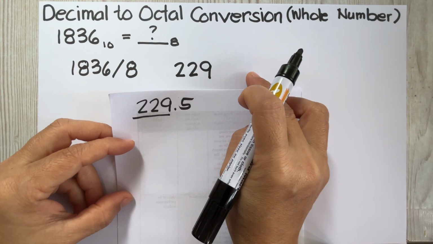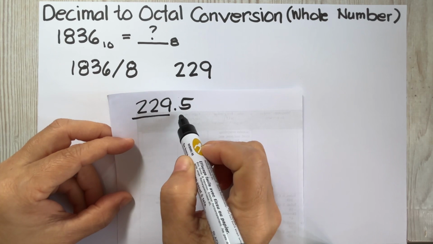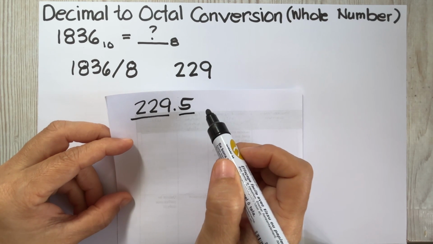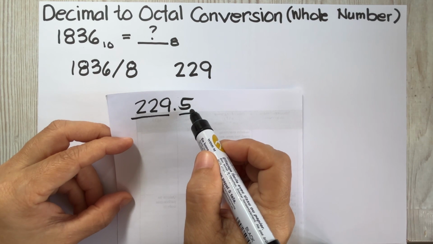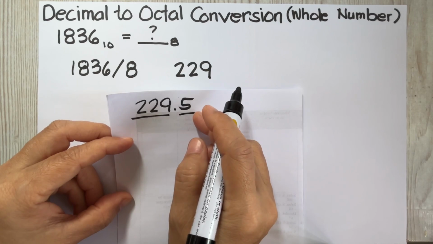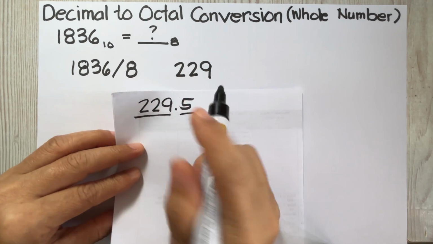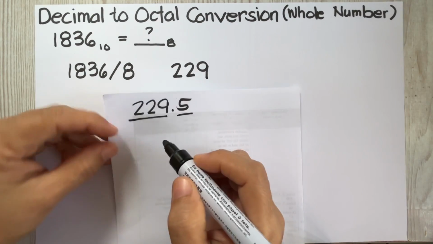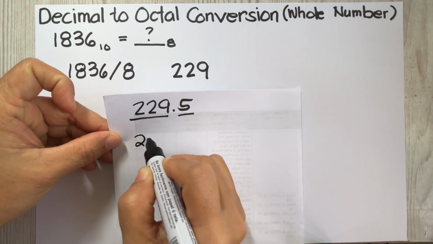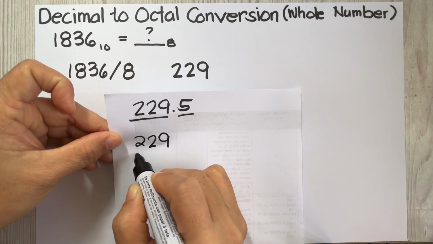But we need to express the remainder as a whole number, not as a fractional part. One of the ways to calculate the remainder is to multiply the integral part by our divisor, which is 8. So that is 229 times 8.